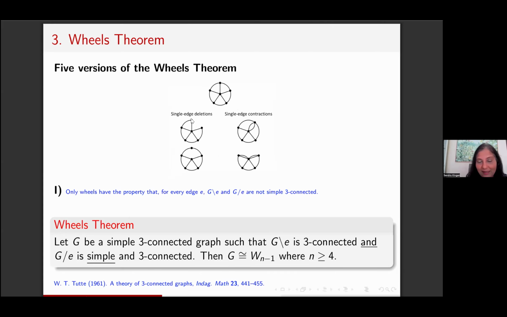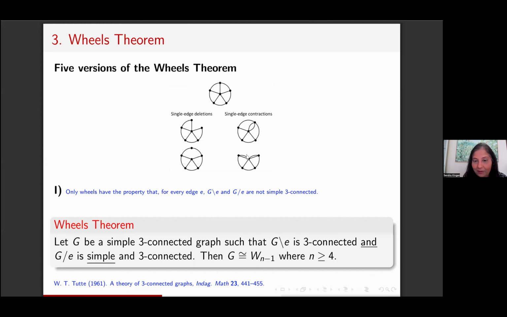So let's look at the wheel. If you delete an edge, right, you lose 3 connectivity. This graph is not 3 connected. If you delete the rim edge, if you delete a spoke, you also lose 3 connectivity. If you contract an edge, it is still 3 connected by the graph definition, but it's not simple anymore, right?